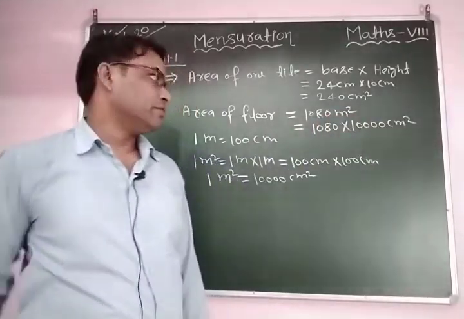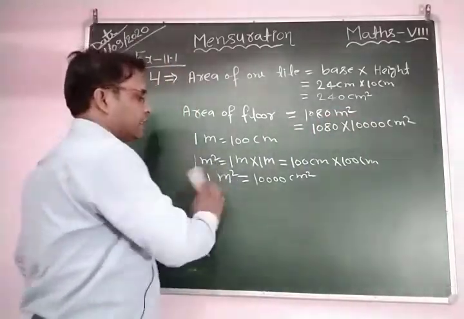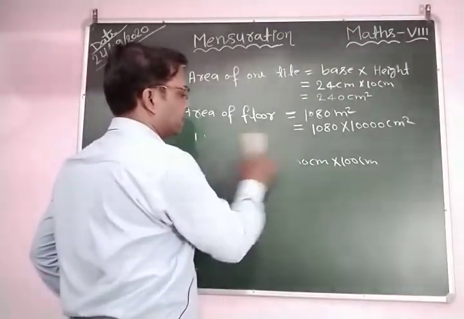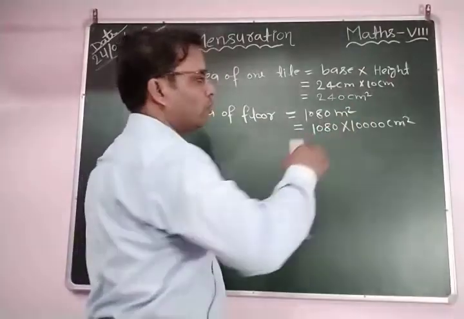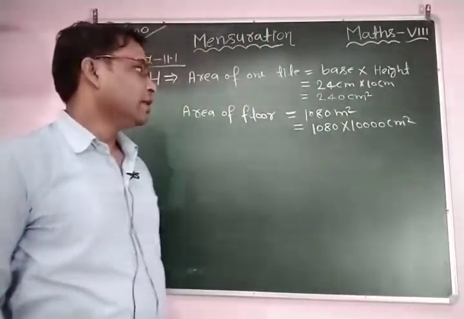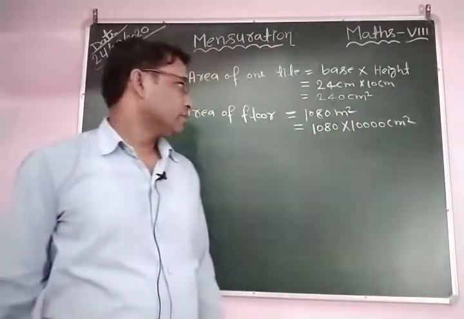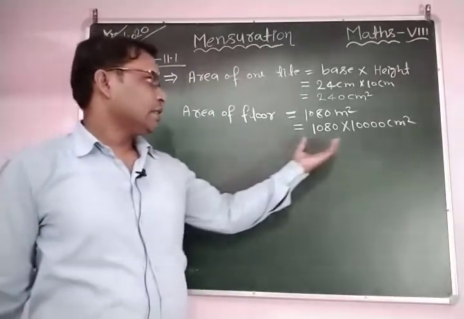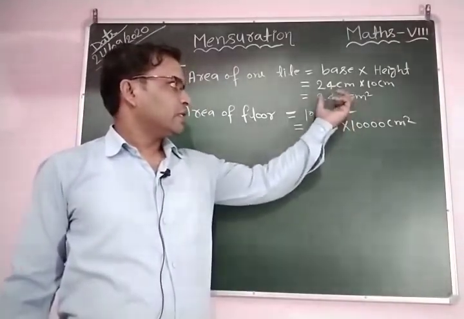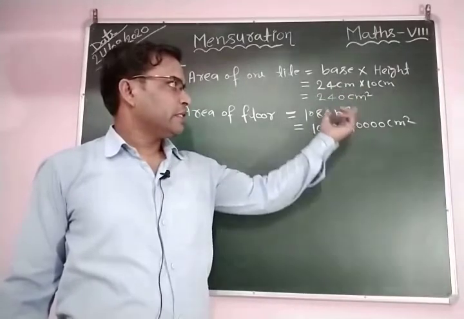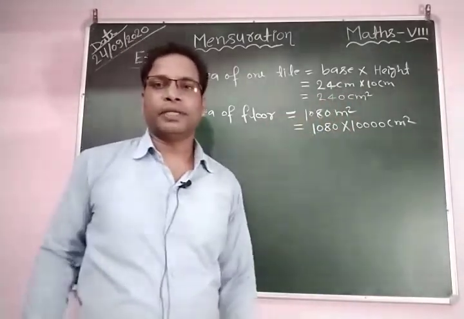Clear? Now here we need to find the number of tiles. The area of a tile is 240 centimeter square, and we have the area of the floor in centimeter square. So if you divide this area by this area, then you find the number of tiles.